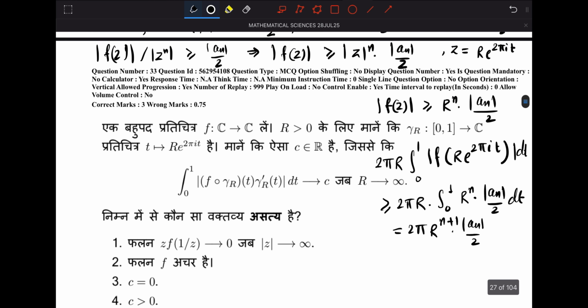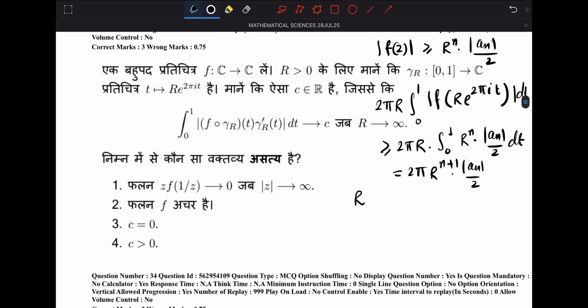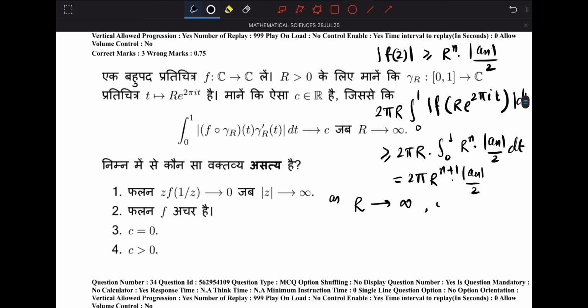Now you can clearly see that as r tends to infinity, the integral also tends to infinity.